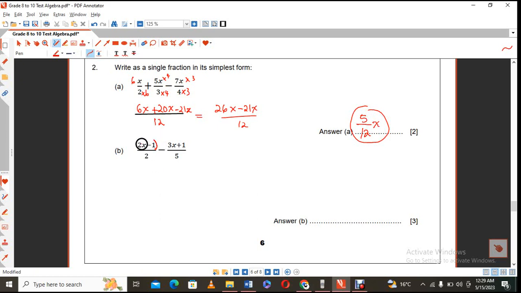Right, when you do this one, put the expressions in brackets, very important. You'll be multiplying this one here by 5, and you'll be multiplying this one here by 2, since the LCM here is 10, okay?